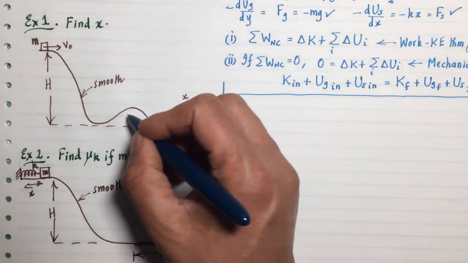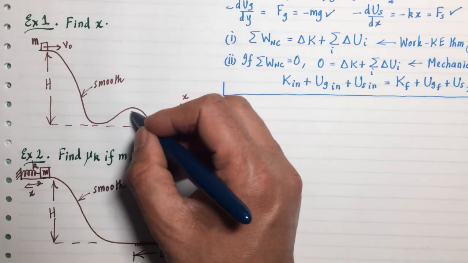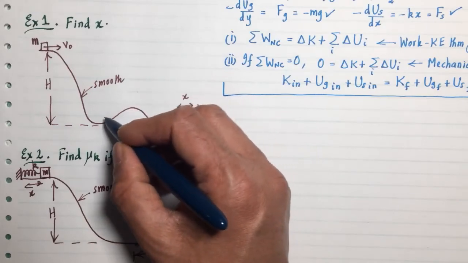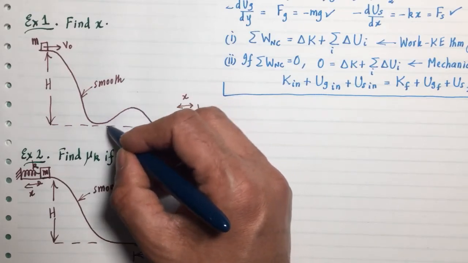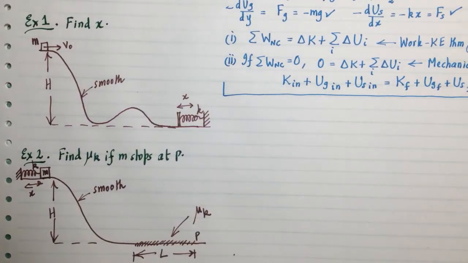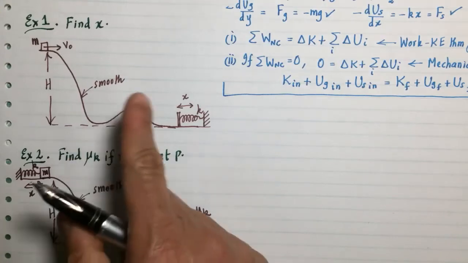Now there's some interesting stuff that's going to happen here. In the next video we'll explore possibilities of the block losing contact because of the curvature here. We won't complicate that in this video, so we'll keep things basic since it's our first exploration with energy conservation. So our purpose is to find the spring compression.